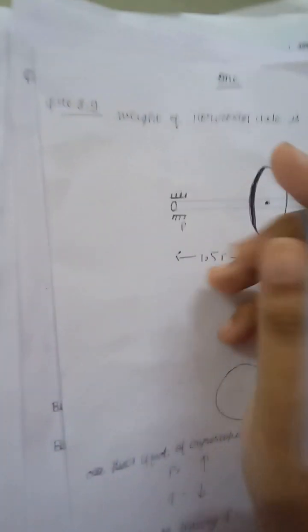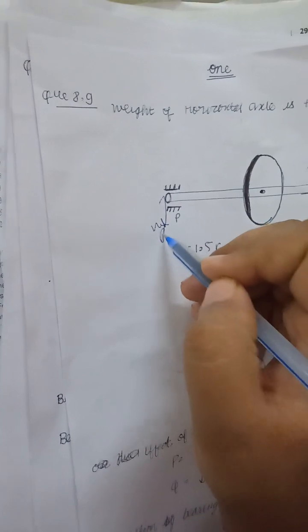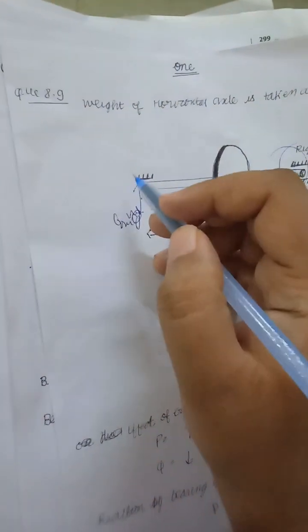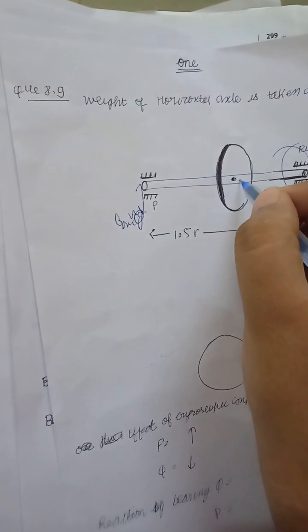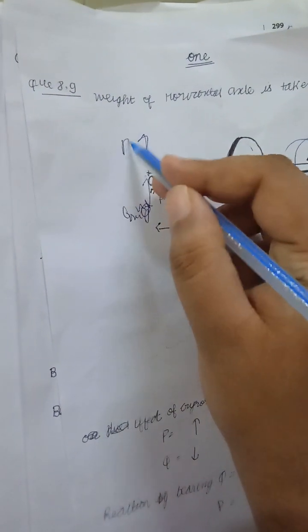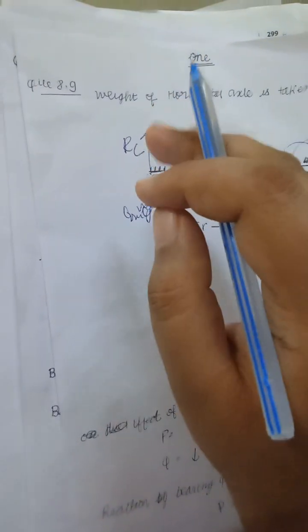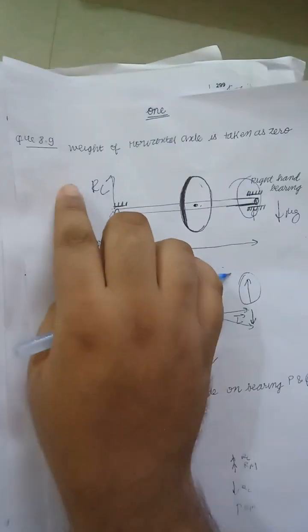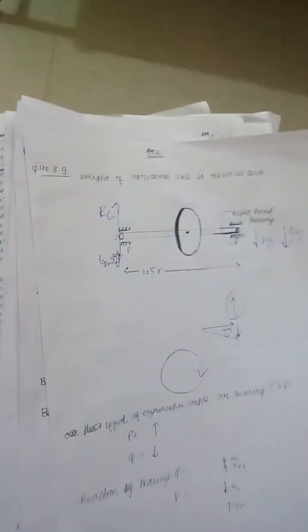So one force, mg, is gravity trying to pull it down, due to its weight, and one force is due to the gyroscopic effect. Both are trying to pull it down, this is pulling it up, this is pulling it down.